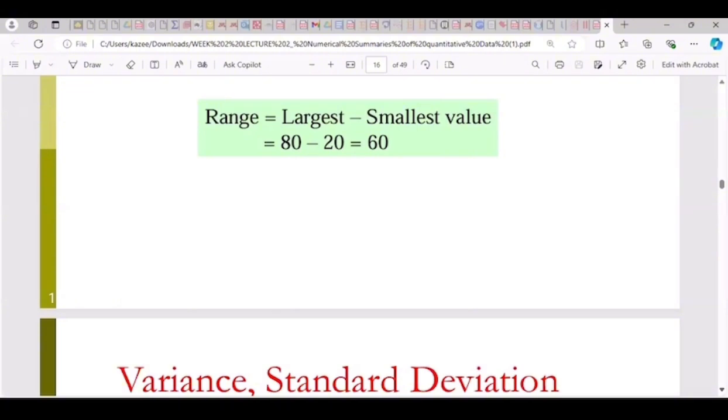But the question now is, why is it that we cannot trust range as a measure? Exactly. We don't know the spread. That's one of it. Go ahead. That's a nice one. That's another nice one. Okay. That's another nice one. Go ahead.